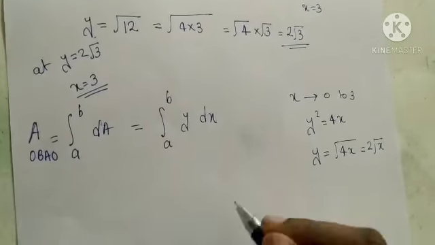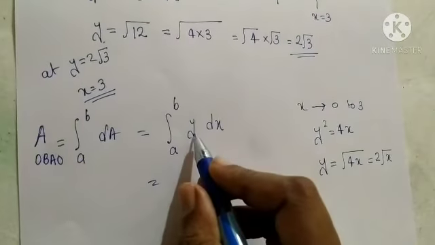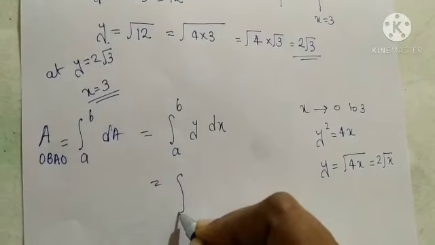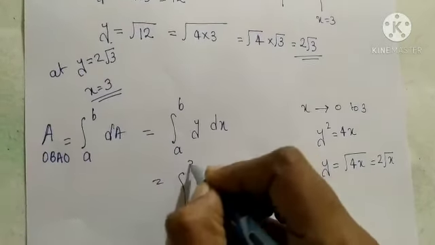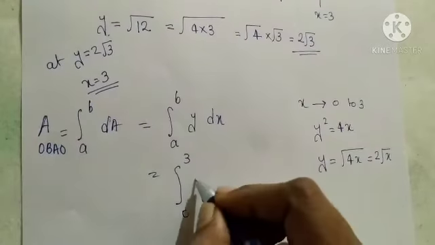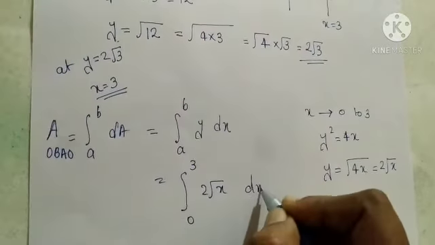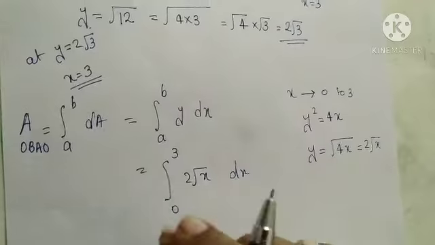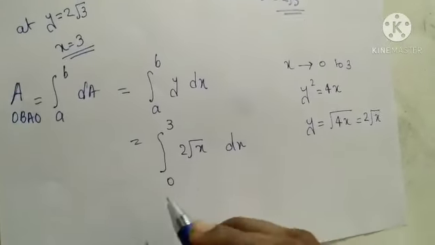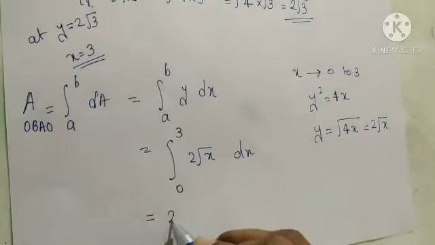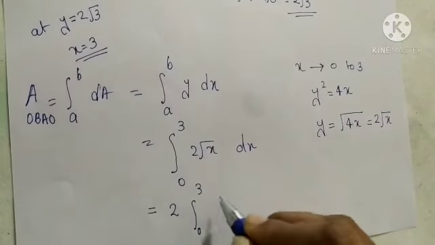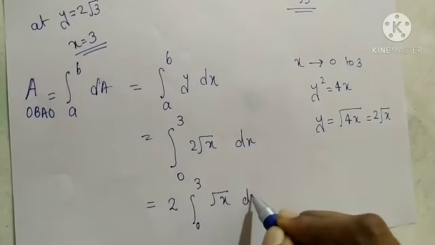Replacing this y by 2 root x, and also changing the limit as 0 to 3, our integral changes to integral 0 to 3 of 2 root x dx. Okay, and 2 is a constant, taking it outside the integral, it will become 2 into integral 0 to 3 root x dx.